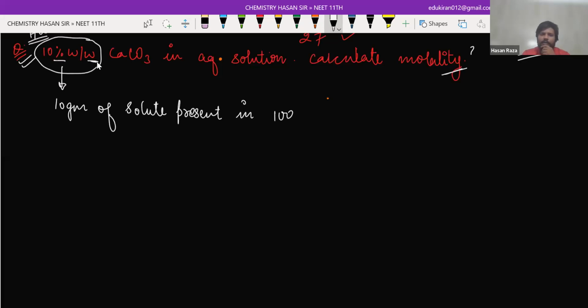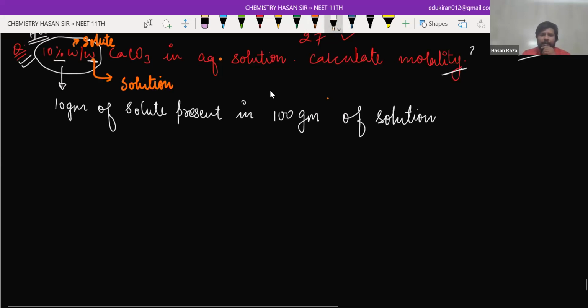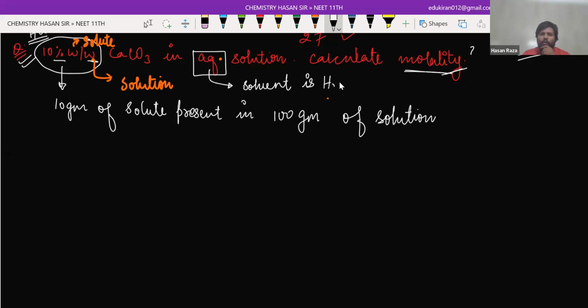The numerator W is for solute and the denominator W is for solution. Now we need to calculate molality in aqueous solution. Always remember, aqueous means the solvent is water.